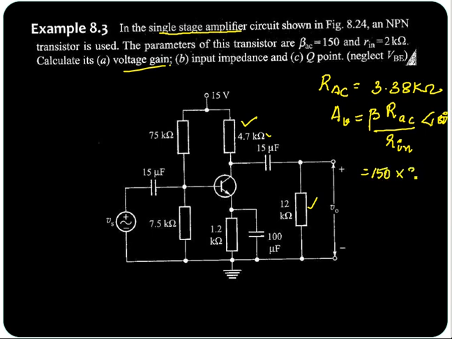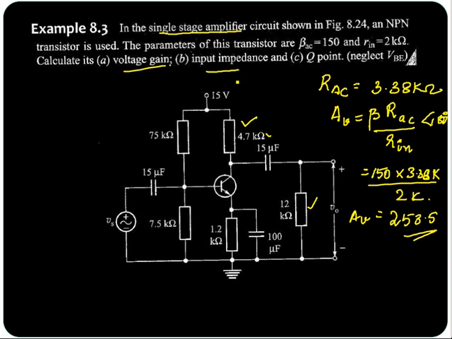What is RAC that you got? 3.38 K divided by, what is Rin given? It is 2K. Okay, don't forget this angle 180 degree, and you will get AV as 253.5. Okay.